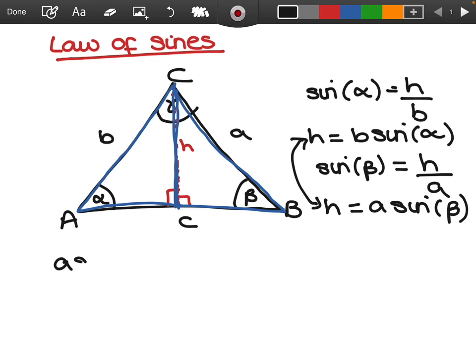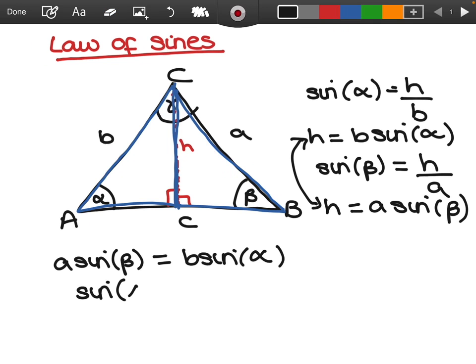And I know that A times sine of beta is equal to B times sine of alpha. Okay. So I can also rewrite this and say that sine of alpha divided by A would equal sine of beta divided by B.